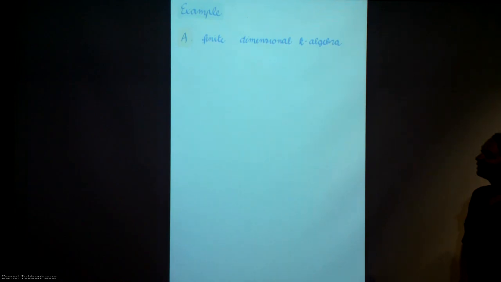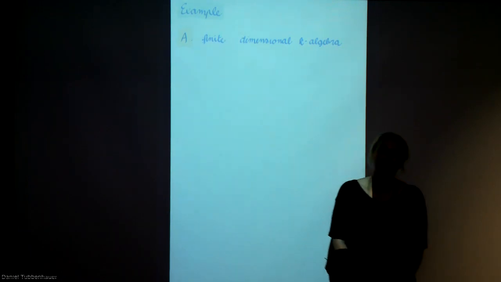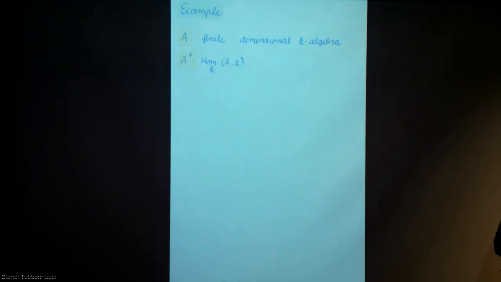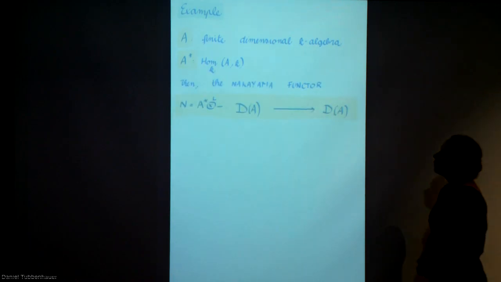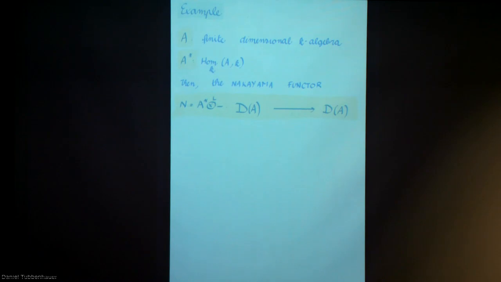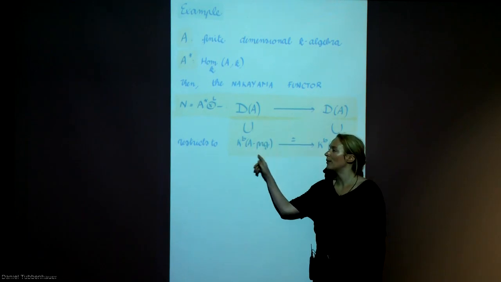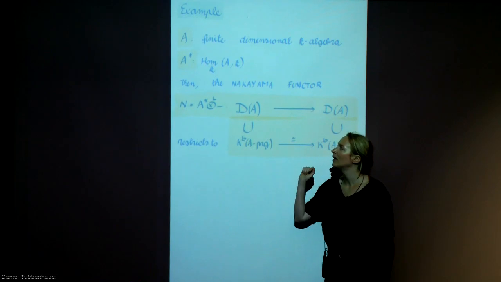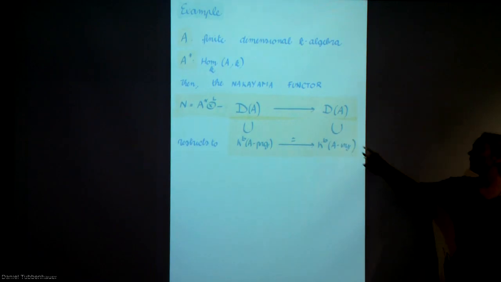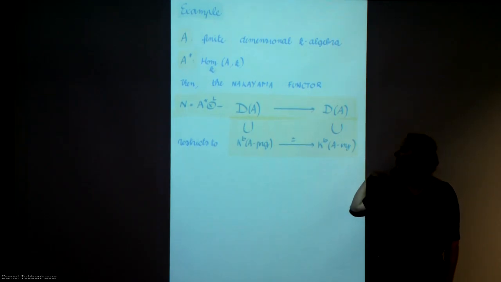But the same can be done in other categories. So we could let A be some finite dimensional k-algebra and look at its dual. Then we can consider this functor, the Nakayama functor, which is just considering the dual of A on the derived category. And if inside the derived category we look at the bounded homotopy category of projectives and then apply that functor to it, we end up in the bounded homotopy category of injective modules.